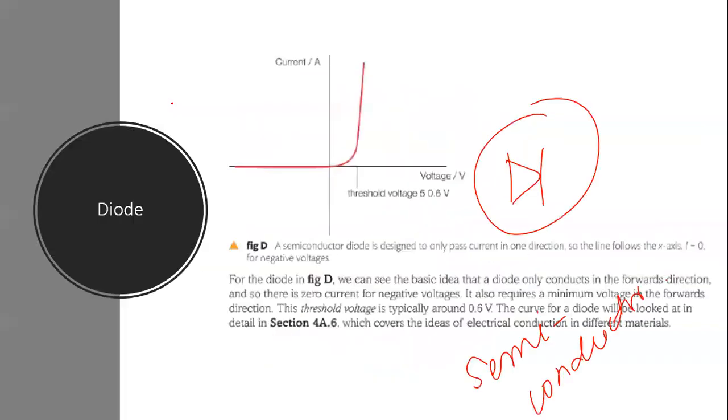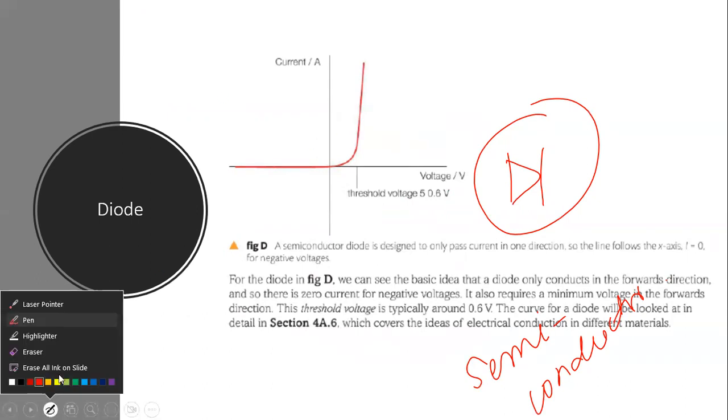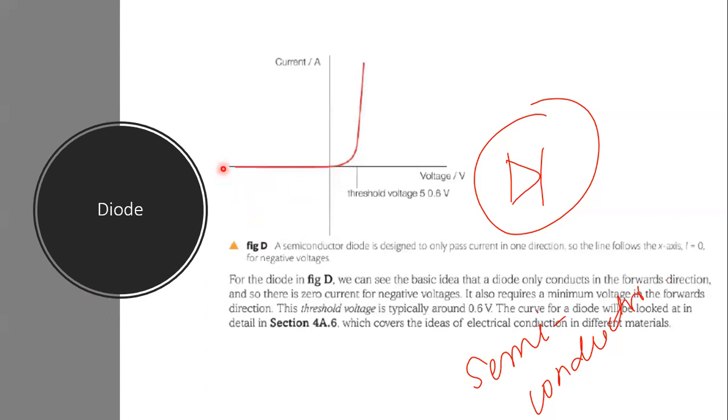So a diode is made of a semiconductor and it only allows the current to travel in one direction. That is exactly what you are going to observe in this particular graph. Initially when the voltage is negative, you will see that the current is zero. The moment your voltage turns positive, there's a rapid increase in the current. This is how the graph for a diode is going to look.